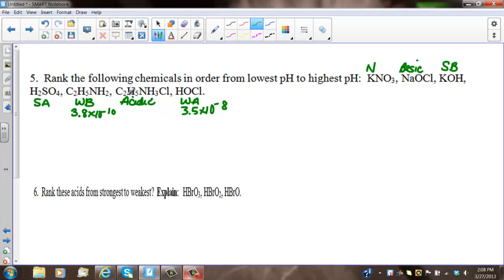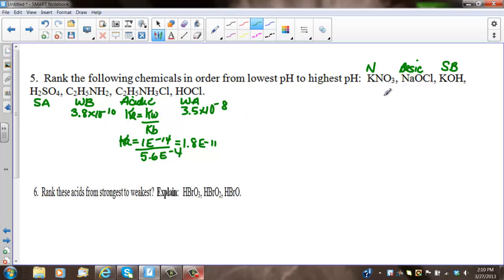So for the C2H5NH3, we have to figure out, using the Kb, what the Ka is. So remember, Ka would be Kw divided by Kb. So Ka is going to equal 1 times 10 to the negative 14 divided by the Kb, 5.6 times 10 to the negative 4, which is going to give me a Ka of NaOCl.